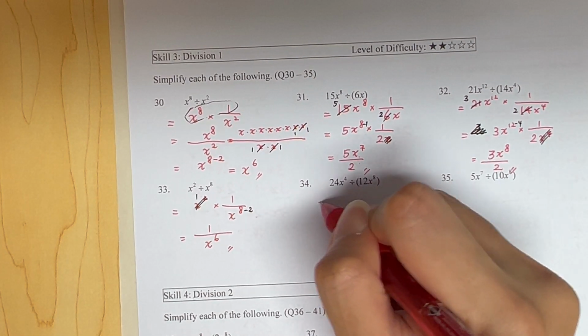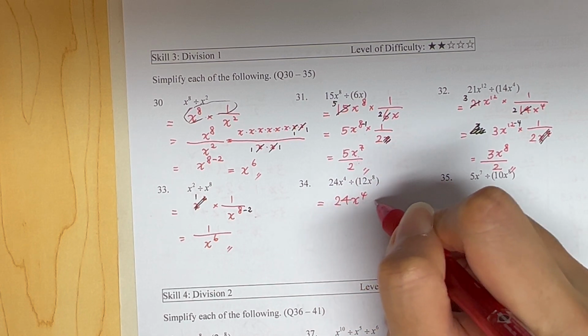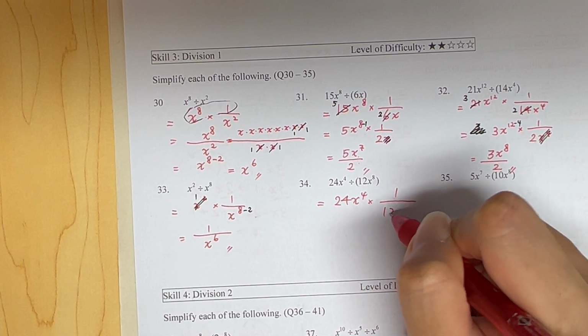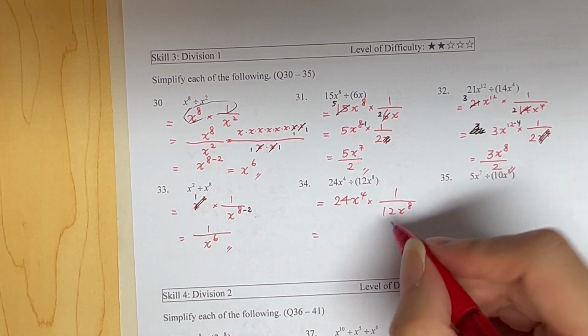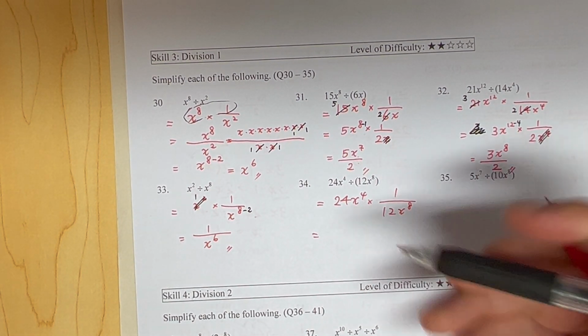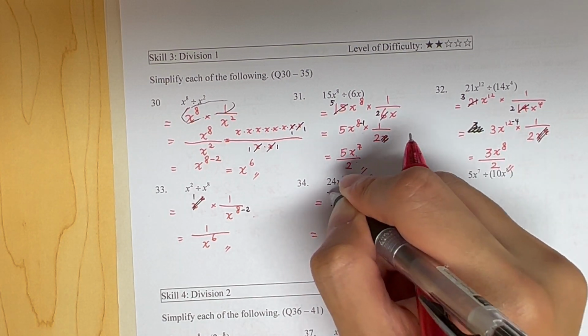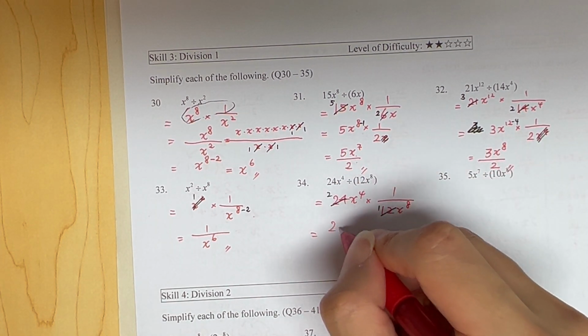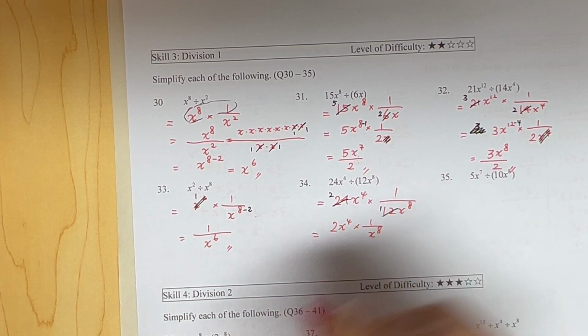So let's move on to the second question of this type. So we can multiply 1 over 12x to the power of 8. And then we can do the simplification. Of course, I think you can know that we use 12 to do the simplification directly. So that will be 2x to the power of 4 multiply 1 over x to the power of 8.